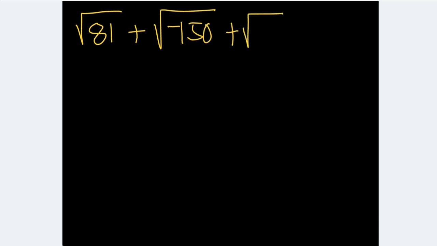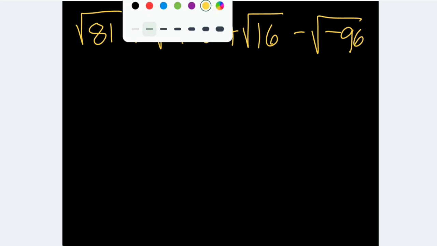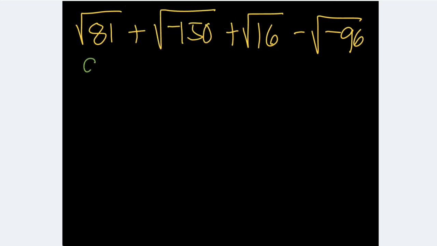So this is square root of 81 plus square root of, this is only practice, not your homework. Okay, square root of negative 150 minus square root of negative 96. So 81 is 9 squared.